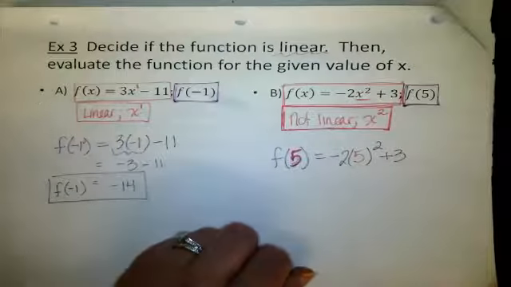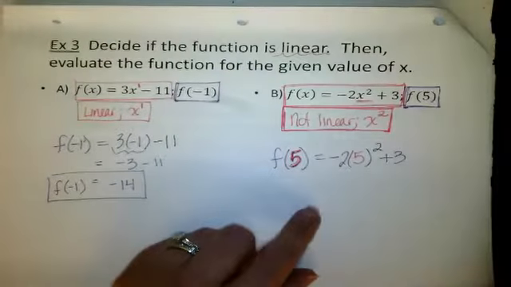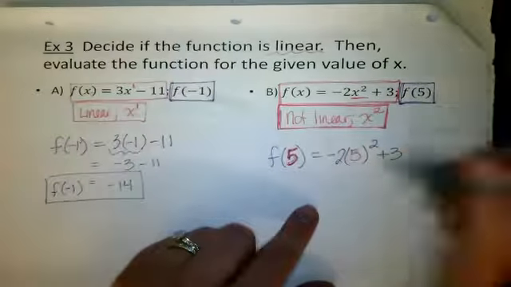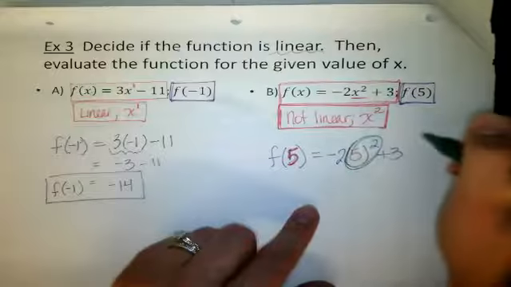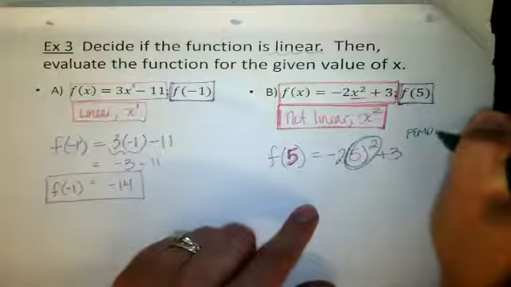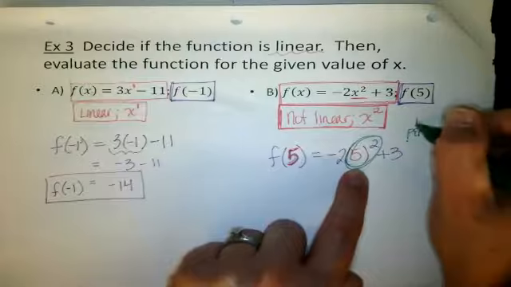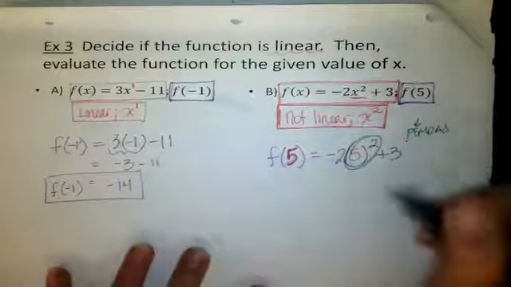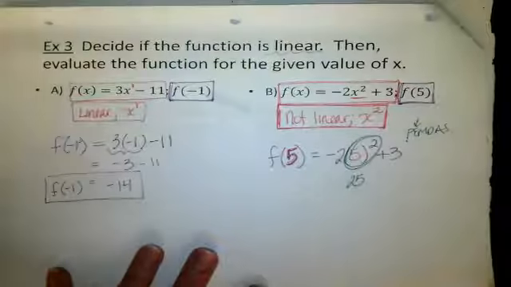Now, here's where order of operations becomes very important. What should you do first? Exponent. Yeah, we have to do order of operations, PEMDAS. So we don't have an operation inside the parentheses, so we move to exponent. What is 5 squared? 25. 5 times 5 is 25.